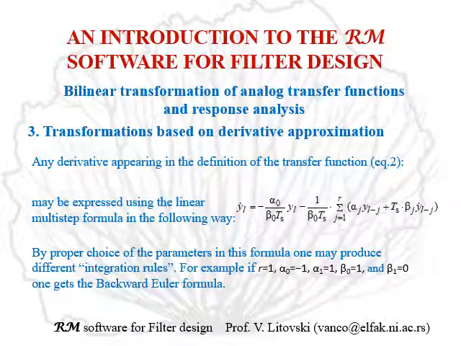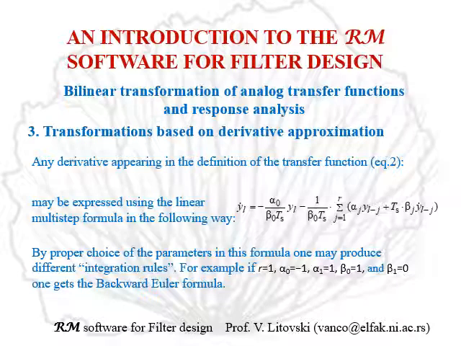R is referred to as the order of the multi-step formula. By proper choice of the parameters in this formula, one may produce different integration rules or rules for approximation of the derivative.